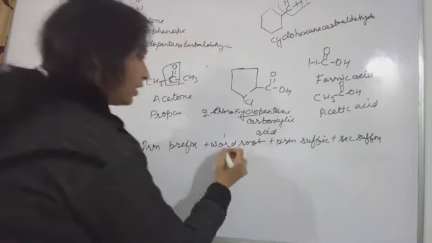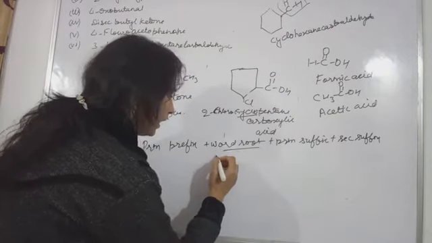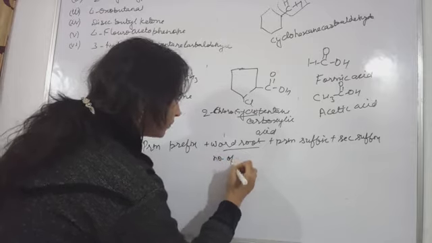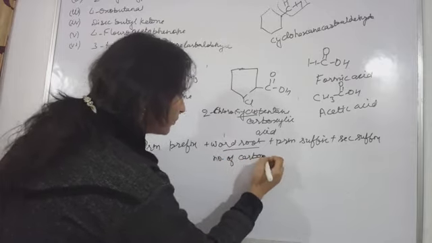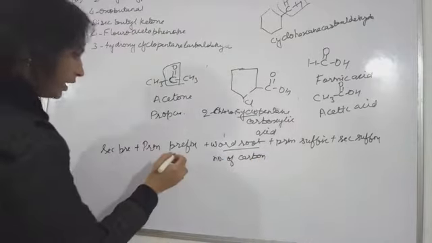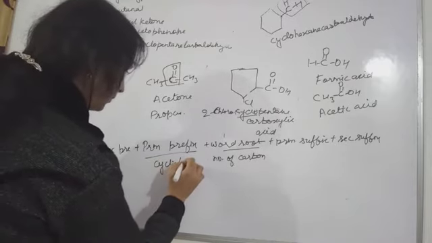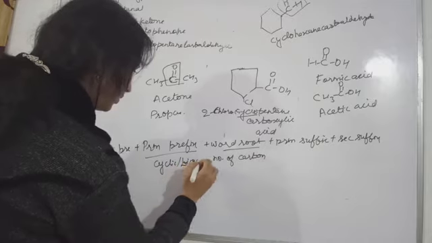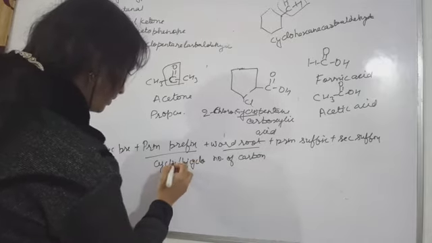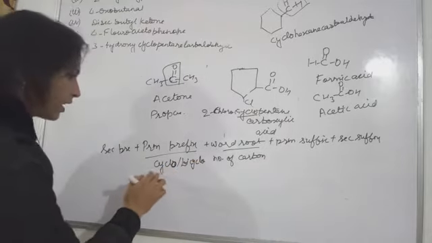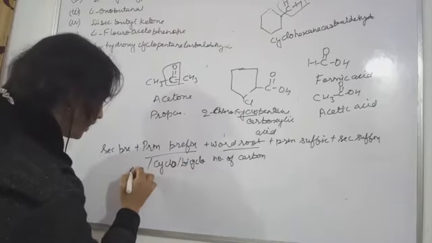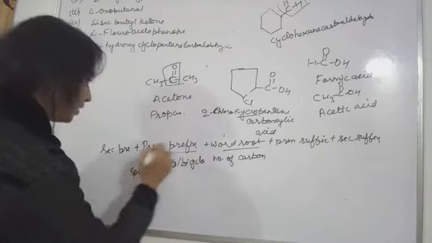See, the word root indicates the number of carbons in the parent chain. Primary prefixes are cyclo, bicyclo or spiro. So this will be the primary prefix.